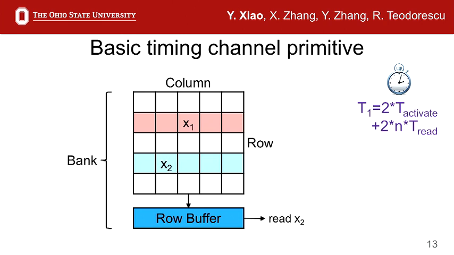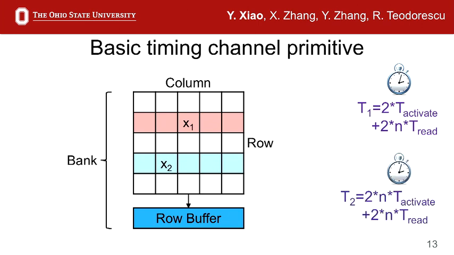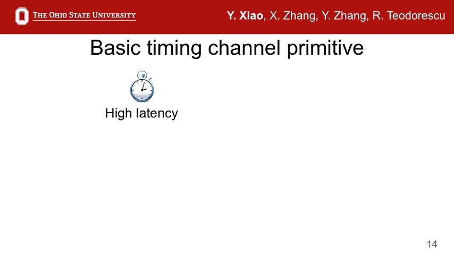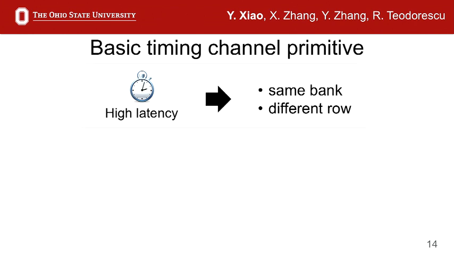As a result, there are more operations in each following round of reading x1 and x2, and the time consumption t2 grows to 2 times n times t_activate plus 2 times n times t_read, and obviously t2 is greater than t1. To conclude, if we witness a high latency when accessing 2 physical addresses in turn repeatedly, they are definitely in the same bank but different rows. This is the basis of our method.